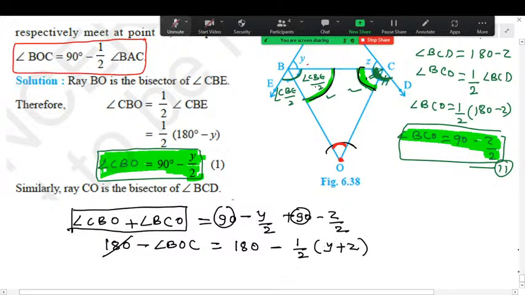You are left with minus BOC equal to minus half of Y plus Z.